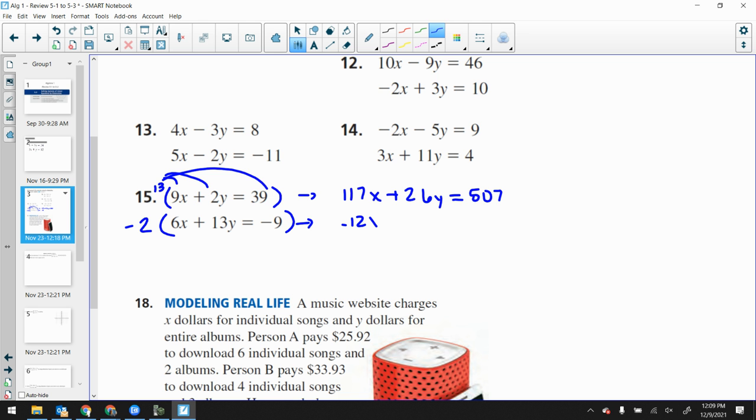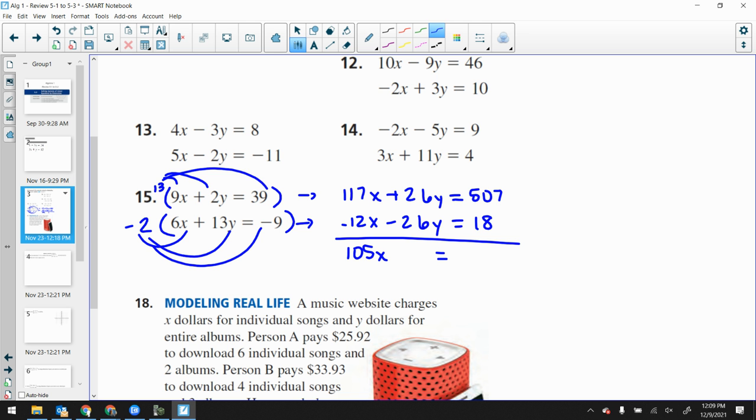Negative 12x minus 26y, positive 18. And now we add down. So this becomes 117 minus 12 is 105x. The bottom becomes 507 plus 18, which is 525.